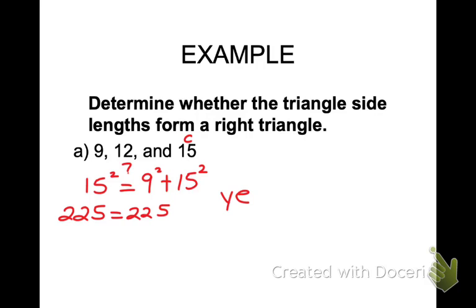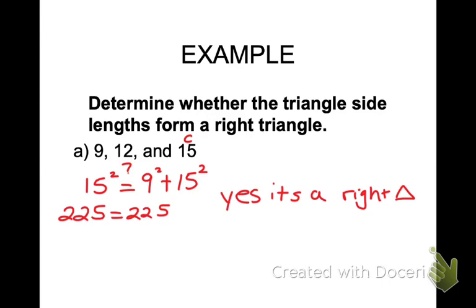So yes, it's a right triangle. Let's notice, if I divide by 3, what Pythagorean triple does it take you to? Divide all those numbers by 3. What does it take you to? 3, 4, 5, which is a Pythagorean triple, right? So we could easily have gotten there too.